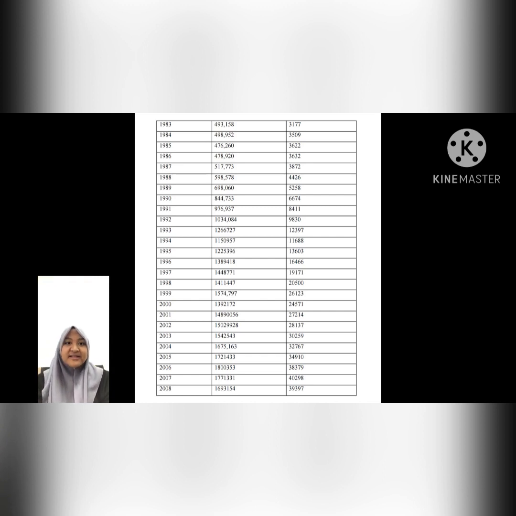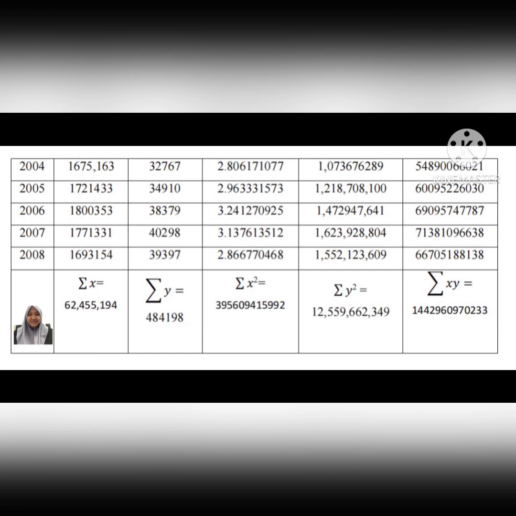Independent variable X is wages and salary paid (RM), and dependent variable Y is number of employees. Next, I would like to explain about the values. The value of X is 62455194 and the value of Y is 484198.